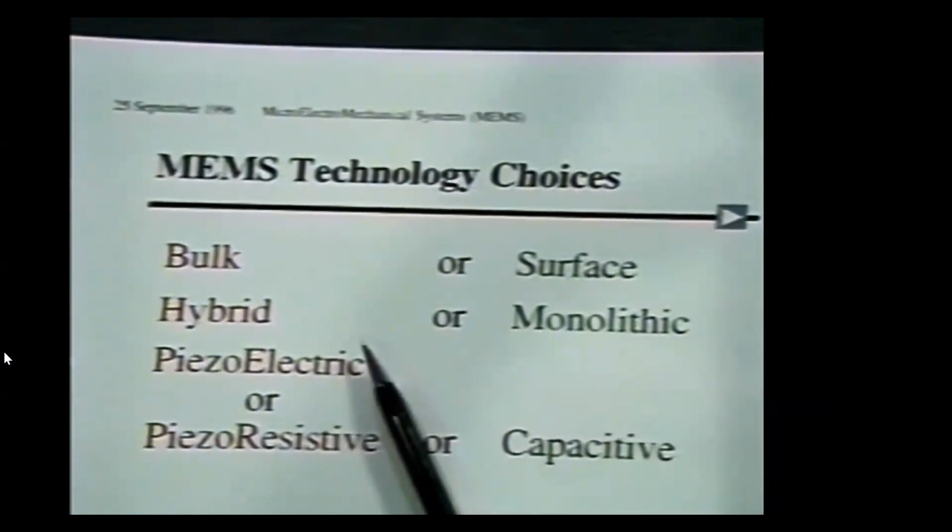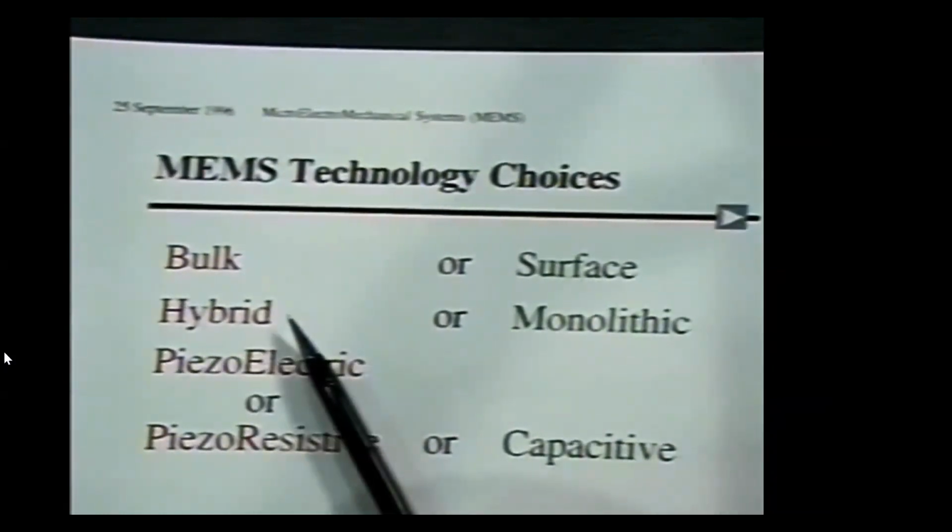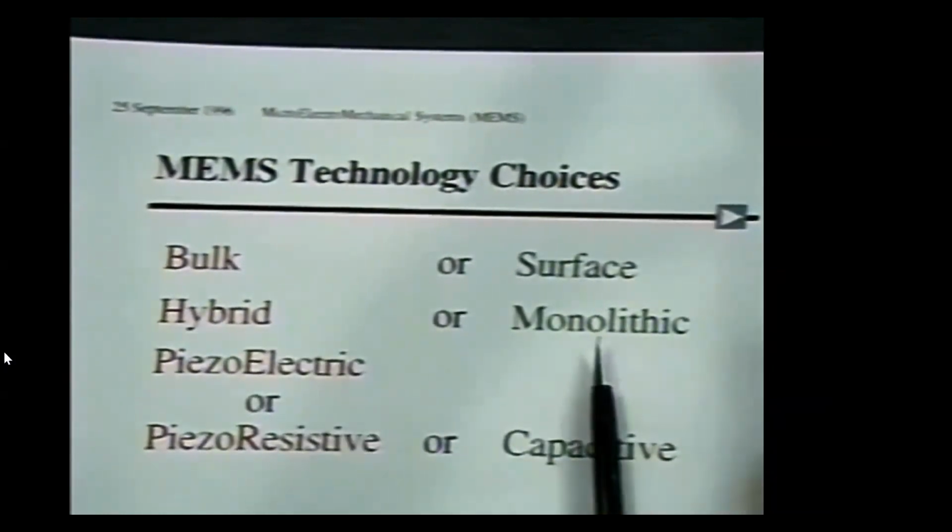In terms of the construction of the device, one is also often faced with a question of whether to hybridize the system, build it out of several pieces, and make it a hybrid construction, or attempt to put everything on a single chip.